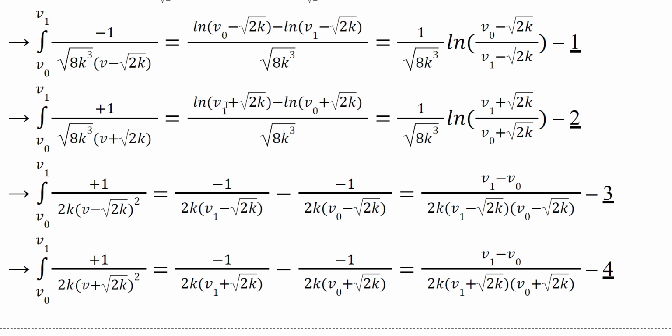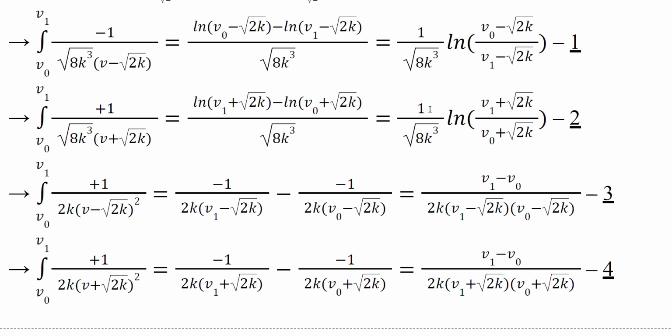So for example, v1 plus root 2k is a function of v1, which is inside ln of this thing. So you're supposed to differentiate v1 again after differentiating ln of this thing. But differentiating x with respect to x is just 1, so that's why we don't really care about that.